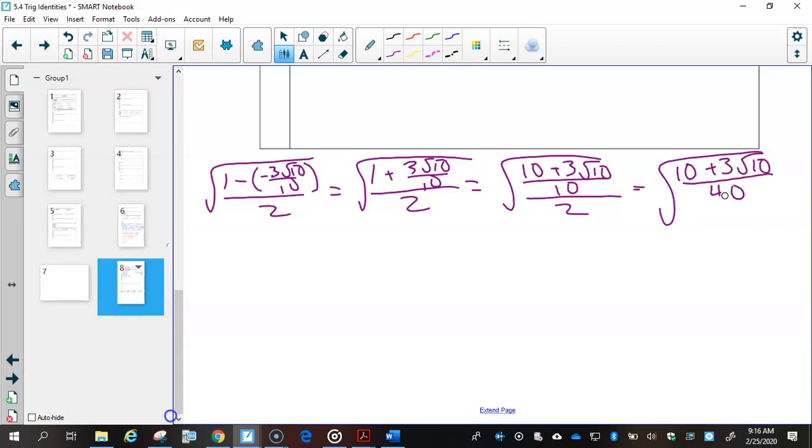I didn't mean to put 40. I meant to put 20. I don't know why I made that square root so big also. So if I multiplied the reciprocals, I'd be multiplying by 1/2. Just so you know where that came from. Did I simplify that all the way?